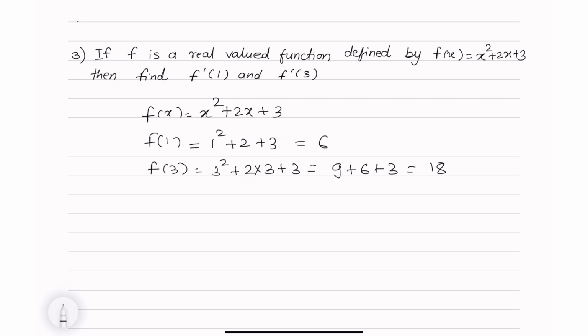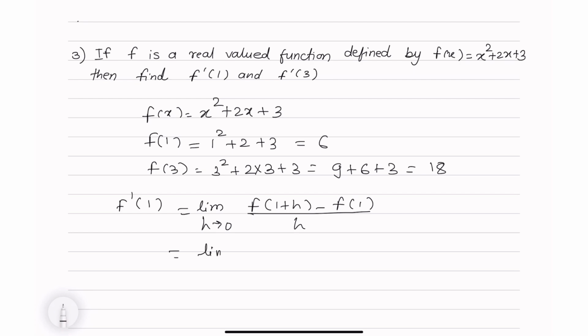Now we are finding the derivative of f at 1, which is equal to limit h tends to 0 of f of 1 plus h minus f of 1 divided by h.